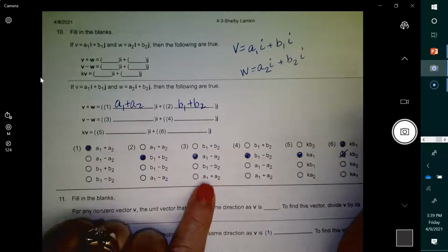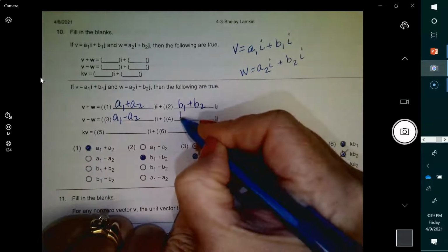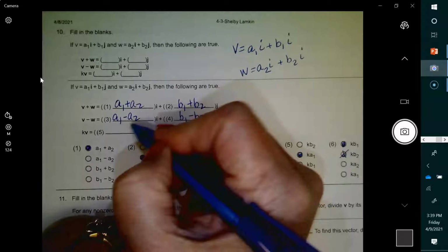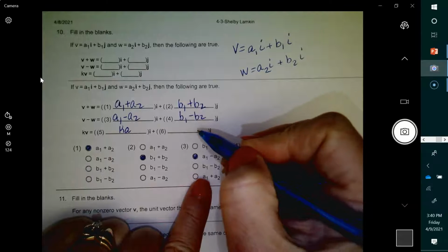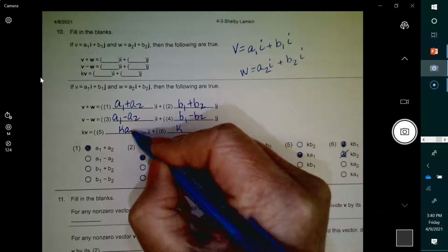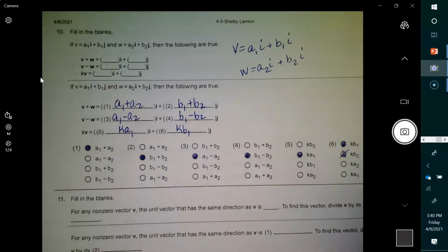If you're subtracting them, it is a sub 1 minus a sub 2, and b sub 1 minus b sub 2. If you're multiplying by a scalar k, then you're just going to multiply k times the a value and k times the b value, which would be a sub 1 because I'm in vector v, and b sub 1 because I'm in vector v as well.